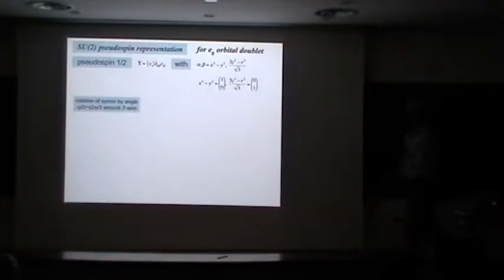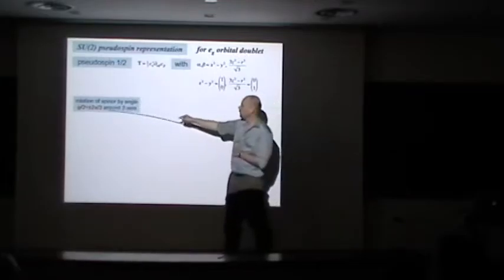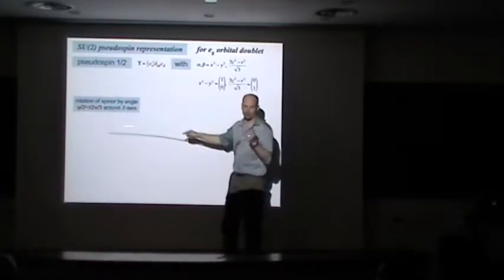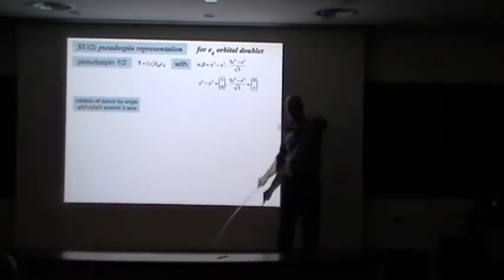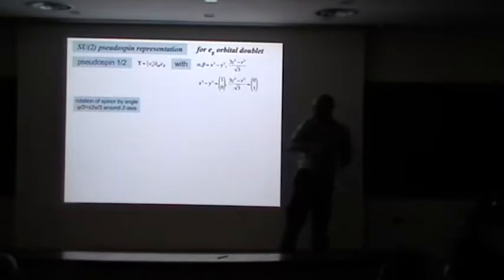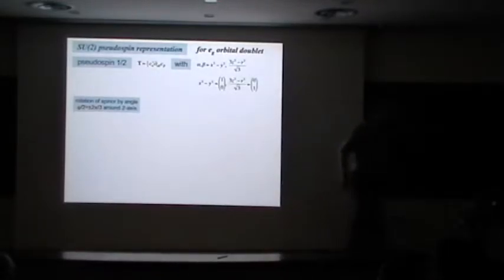Because I'm going to look at rotations. I'm going to rotate the spinor by an angle phi over 2 equals plus or minus 2 pi over 3. So on the unit circle, I'm either going this direction or that direction. Around the 2 axis, which you can think about as the y axis.